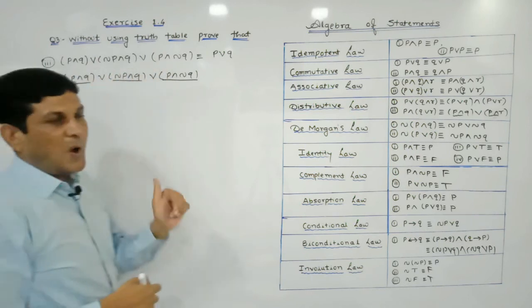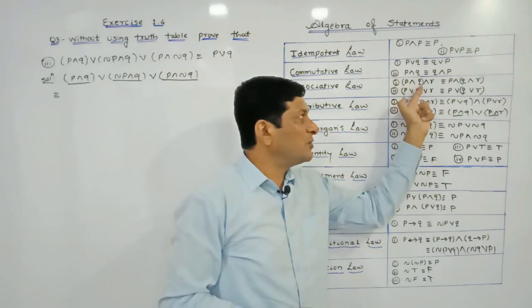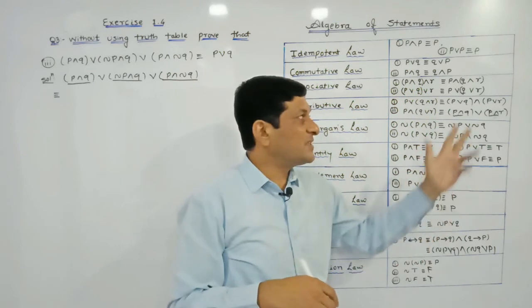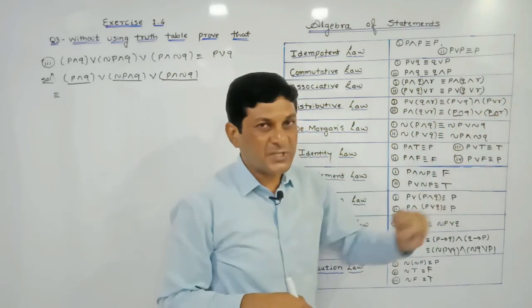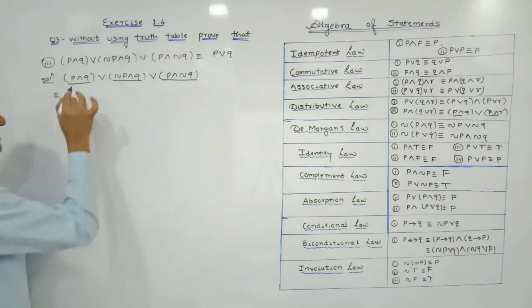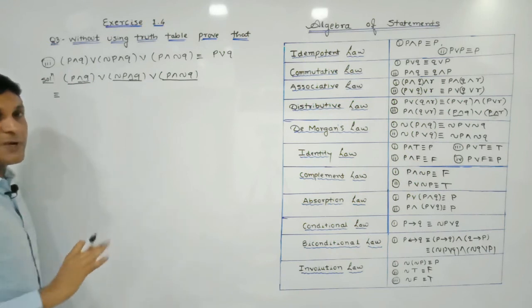Or. Means all are or. If three ors appear, at that time we are able to take the or of the first two statements, or the or of the last two statements, isn't it? So if you observe the first two statements, here also and Q appears, here also and Q appears. So we are able to take and Q common.